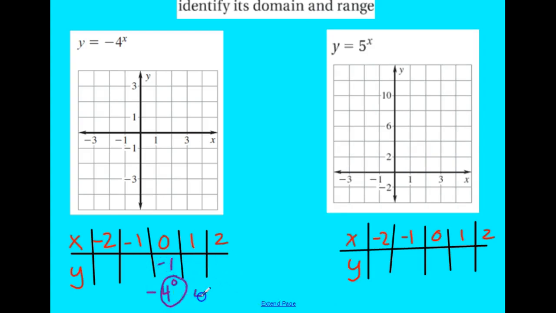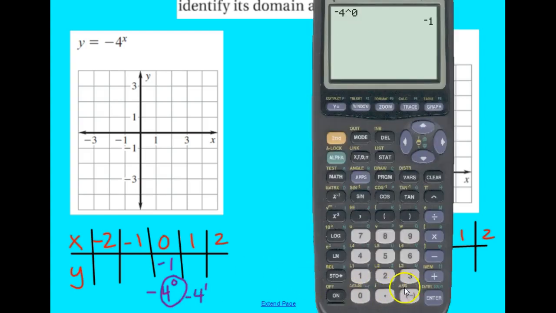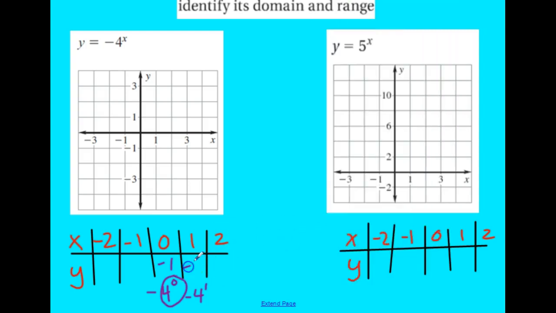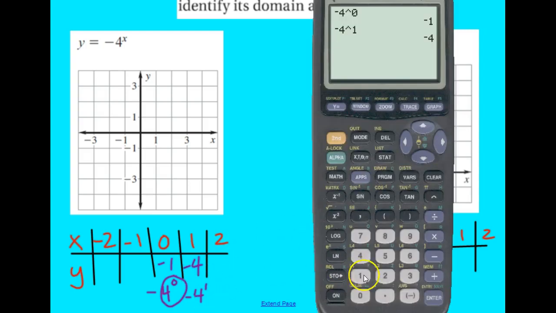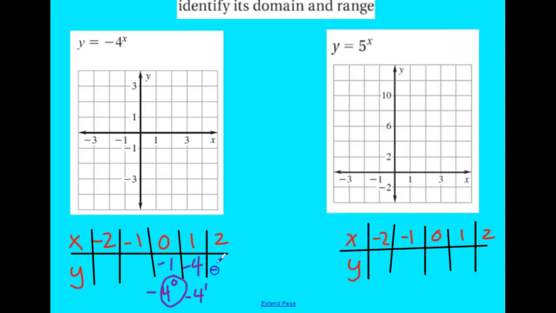Then we have 4 to the power of 1, and it's negative. If you're not sure, again, plug it in. -4 to the power of 1 is -4, yep. And then we have -4 to the power of 2 is -16. And that makes sense, -4 squared.